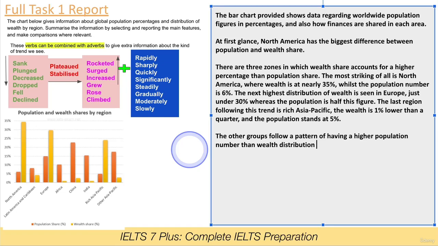Okay, so we're just setting this up and we're already comparing between the two. So we don't want to state every single figure, we just want to pick the main ones. Let's talk about maybe China being the most significant here.